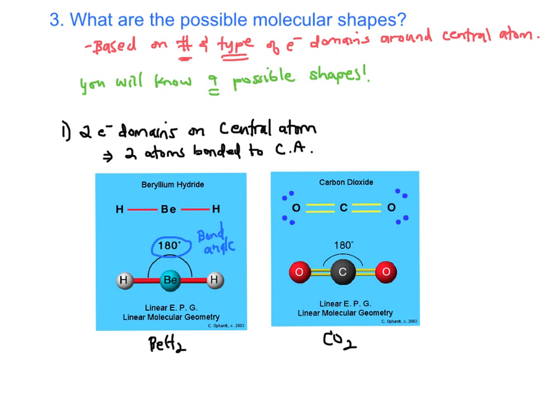And the name for this type of molecular geometry is linear. A linear orientation, of course, is where your atoms are on a straight line. That makes sense because our central atom has 2 electron domains. If they're 180 degrees from each other, that would make a linear molecule.